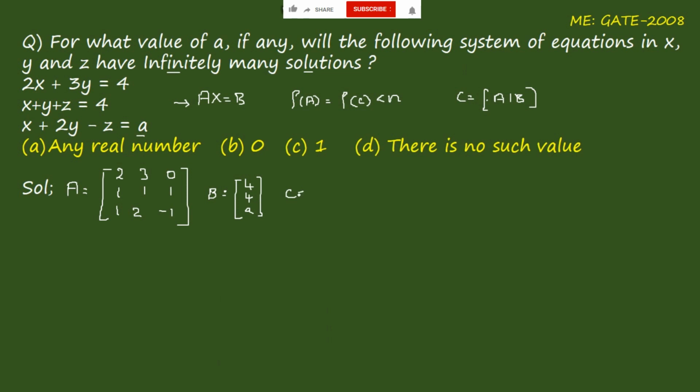And C is the combination of both A and B. So it becomes 2, 3, 0, 1, 1, 1, 1, 2, minus 1, and 4, 4, and A. Right. First we find the rank of A.